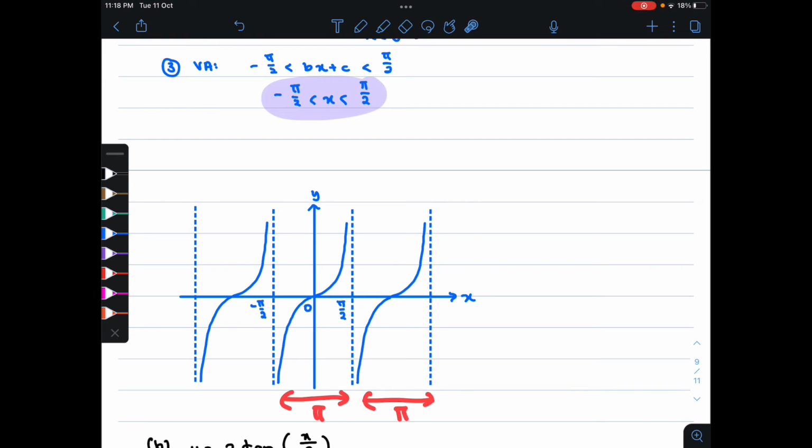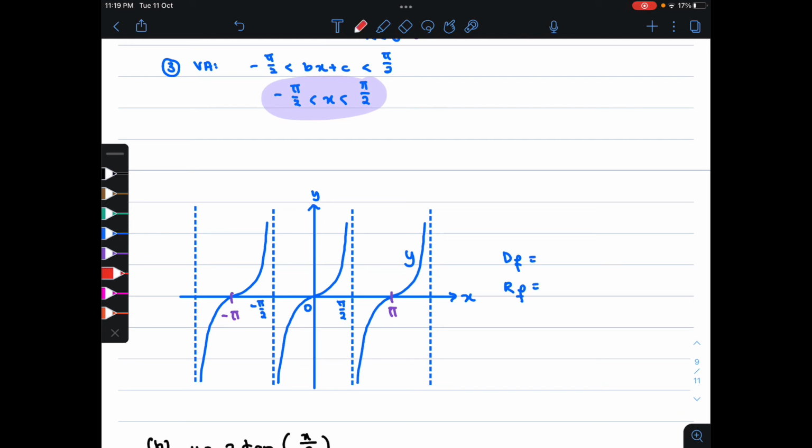So the period should stay the same for every cycle. If this is 0, 0 plus pi will give you pi. So here is pi, and hence this point right here will be 0 minus pi, which is negative pi. So this will be labeled as function y, and now we can try and find the domain and range.